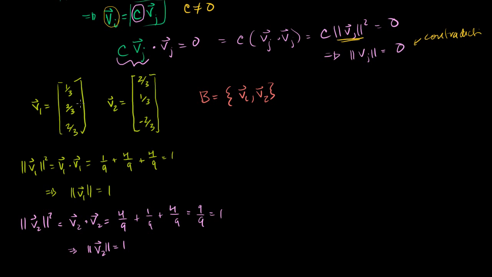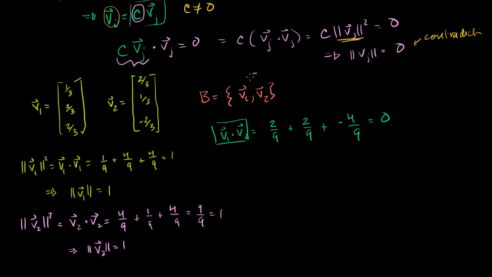And to test that out, we just take their dot product. So v1 dot v2 is equal to 1/3 times 2/3, which is 2/9, plus 2/3 times 1/3, which is 2/9, plus 2/3 times minus 2/3. That's minus 4/9. 2 plus 2 minus 4 is 0, so it equals 0. So these guys indeed are orthogonal.